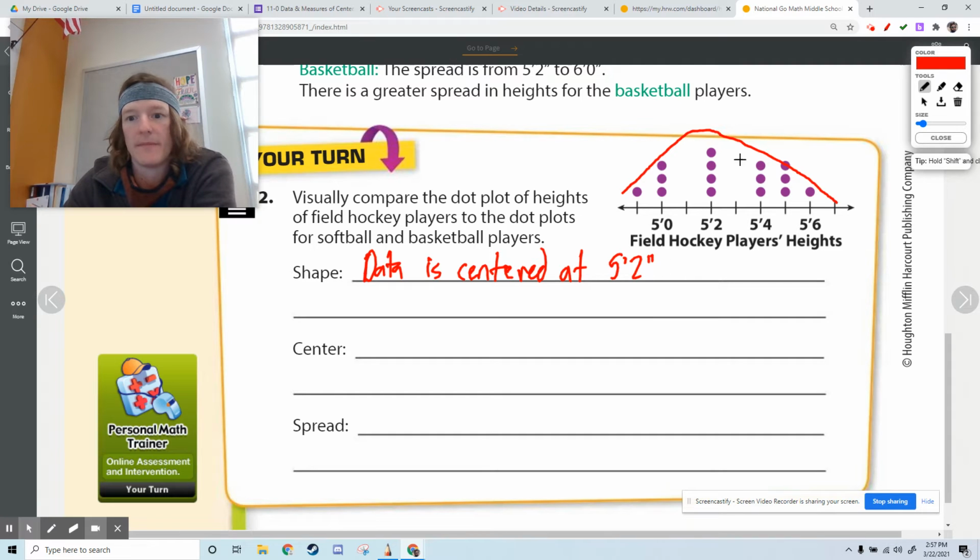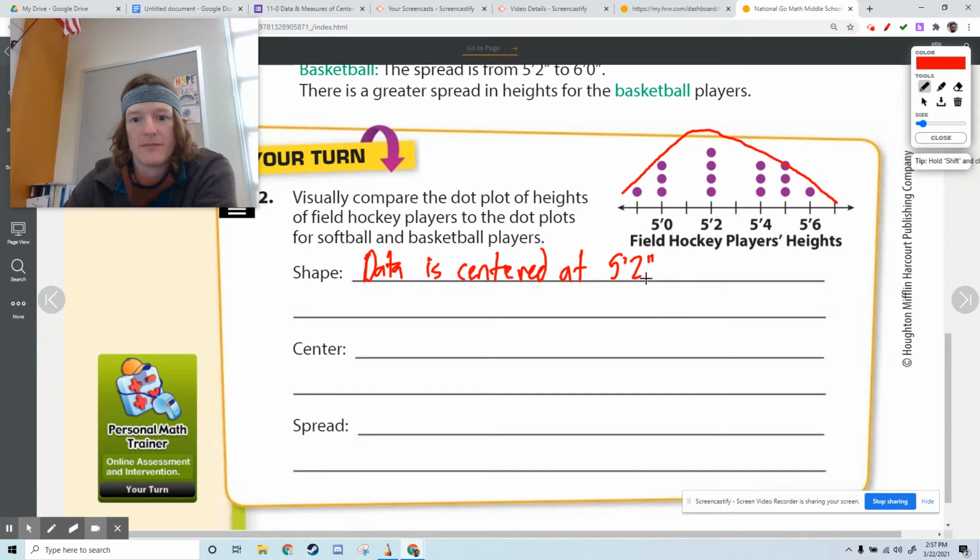We've got a couple gaps, but I don't think they're huge gaps. I don't think we need to talk about the gaps. Clusters, we've got a few clusters, but it's pretty evenly spaced out. I don't think we need to talk about clusters on this one either.